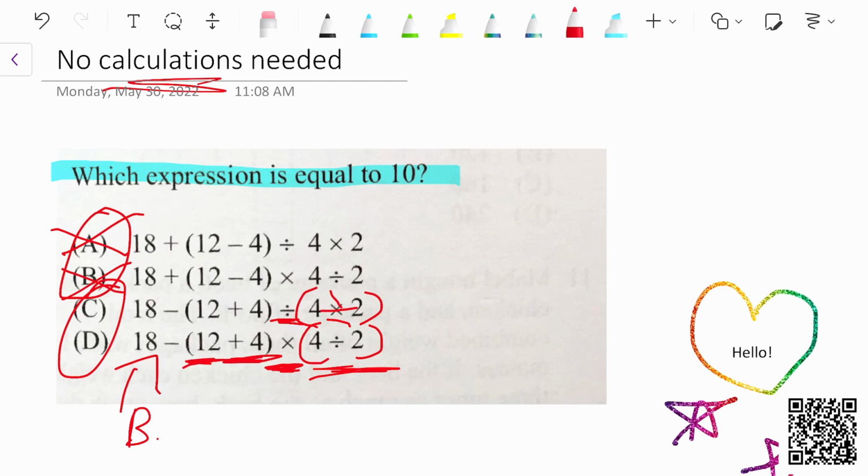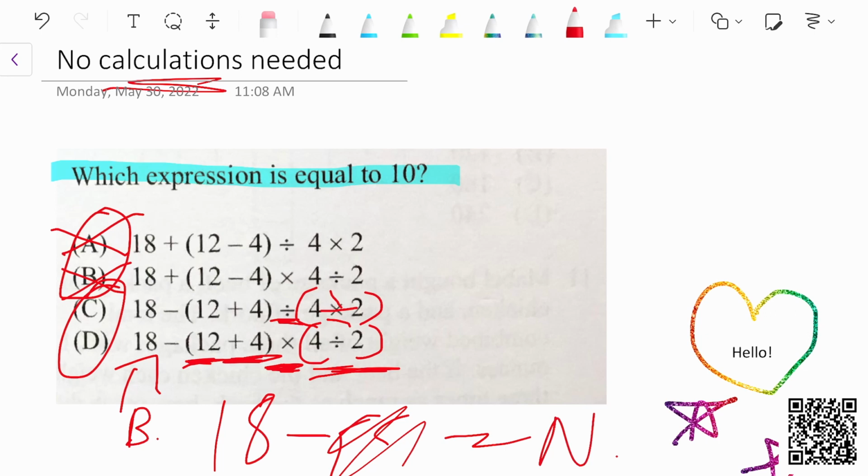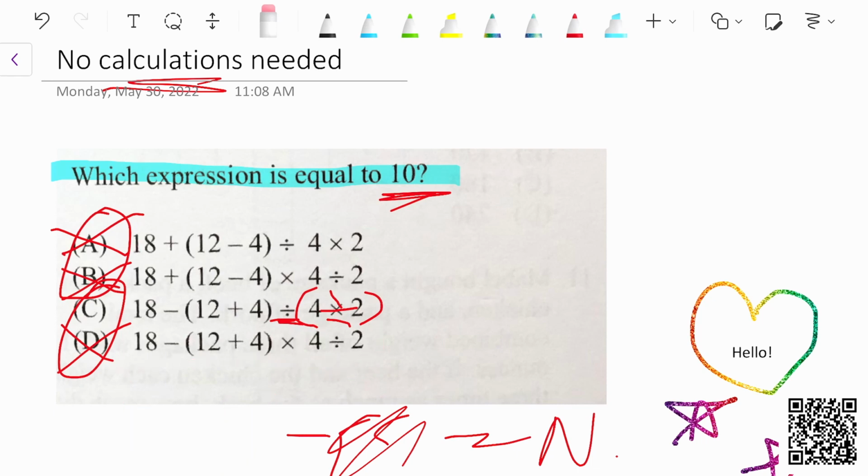So if 12 plus 4 times 2, that should be even bigger. So 18 subtract a number that's bigger than it, then it has to equal a negative number. And 10 is not negative, so it can't be D. And there's only one answer choice left, which is C.